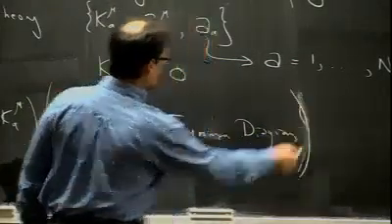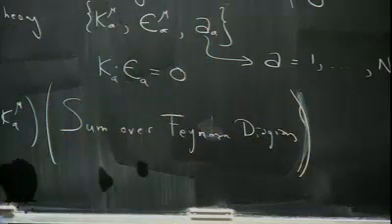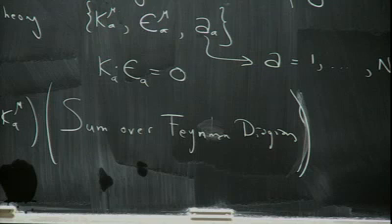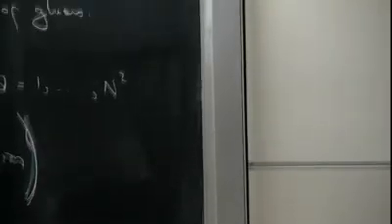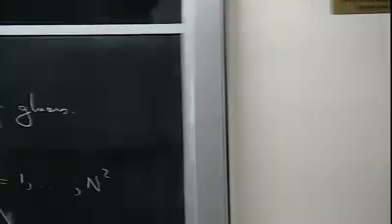Okay. And this is the thing that you know how to do. Now, in your courses, you probably did the scattering amplitude of scalars. And you probably didn't do the scattering amplitude of gluons, at least for more than 4 particles.